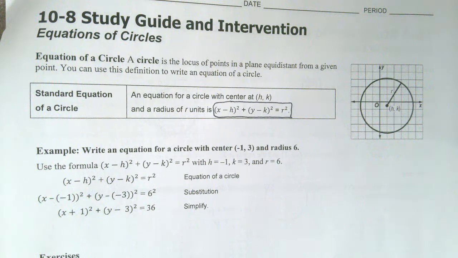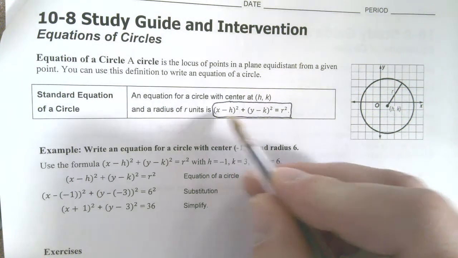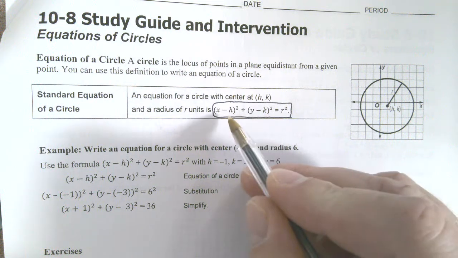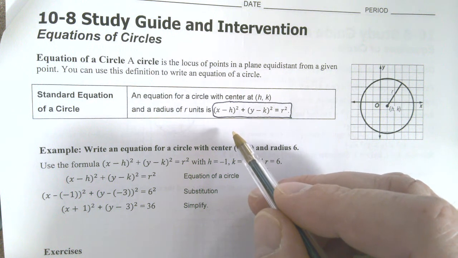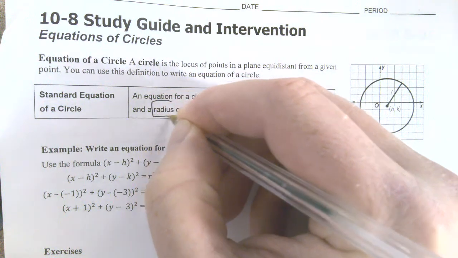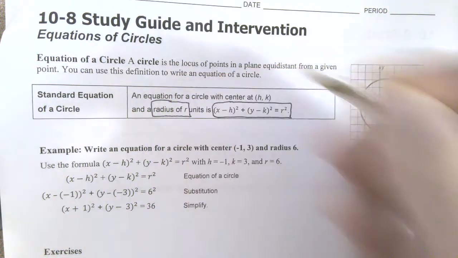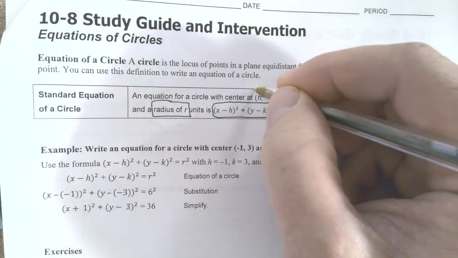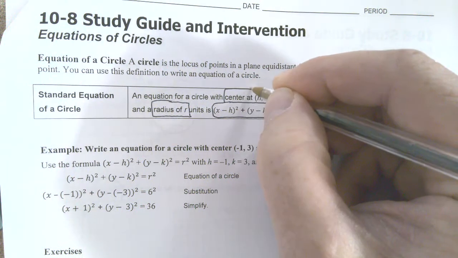Now what this equation represents: the x and the y represent any coordinate that would be on the circle. The r value represents the radius, and h and k represent the center.